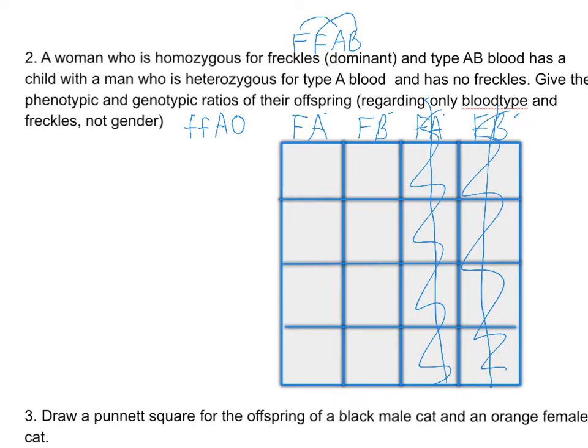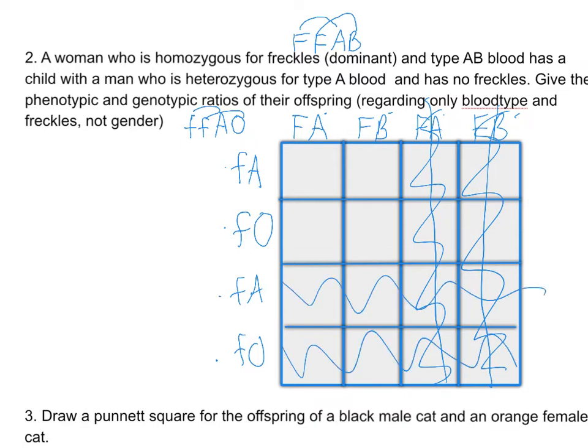Now for the man, some of his sperm will contain little f and A, and some of his sperm will contain little f and O. And same as with the woman, half of his sperm are little f and A, and half of his sperm are little f and O, and since these two rows are the same, and these two rows are the same, I don't actually need those two rows either.